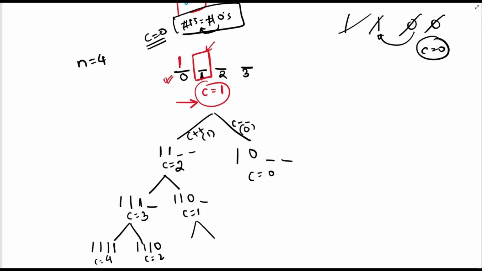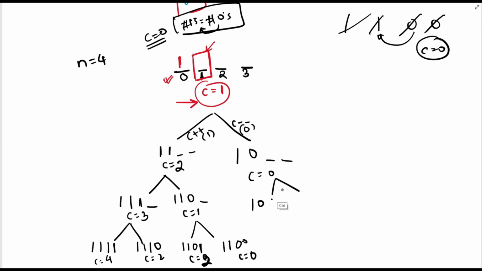Now here also the same thing: 1 1 0 1, credit is equal to 2, and 1 1 0 0, the credit will be 0. The same thing can be checked over here, 1 0 0.